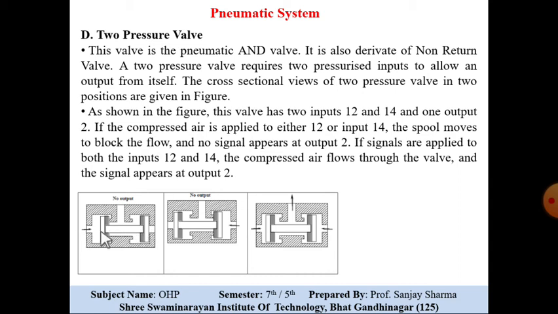So when only pressure 1 is applicable, this spindle or piston will move to the right and it will block this. So air will not flow. In second case, if pressurized air is passing through this, the entire internal spindle will move to the left and it will not allow to flow.